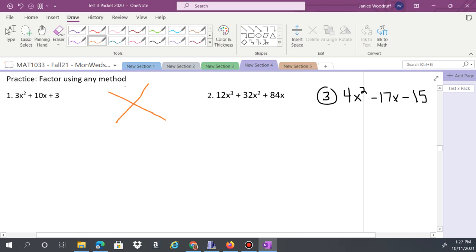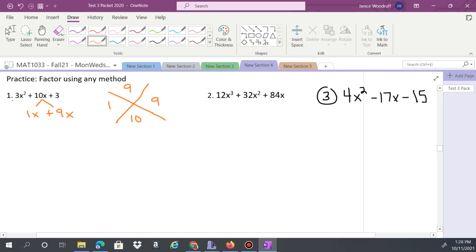At the top, 3 times 3, 9. And then you have your middle term, 10. So what multiplies to 9 and adds to 10? 1 and 9. Good. And if you put 9 and 1, that's fine. I split the 10x into 1x plus 9x.